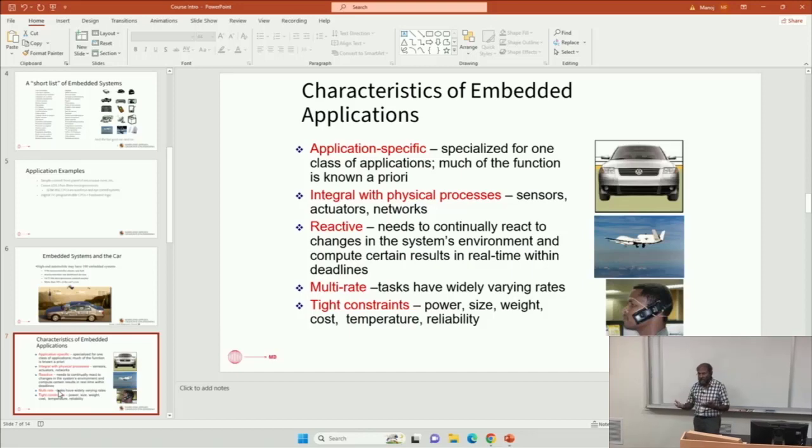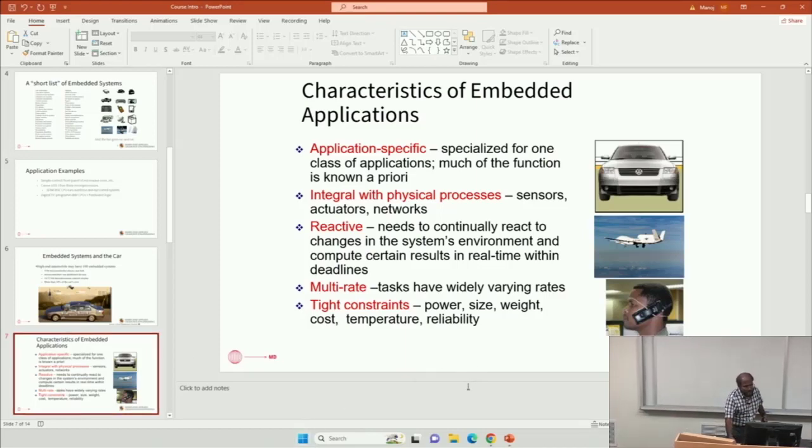They are reactive in the sense they need to react to what's happening in the environment, particularly inputs from sensors, etc. And many of the embedded applications have deadlines. For instance, if you are considering the ABS system in a car, it needs to provide the output in a timely manner, otherwise there could be a crash, and the result would be bad.